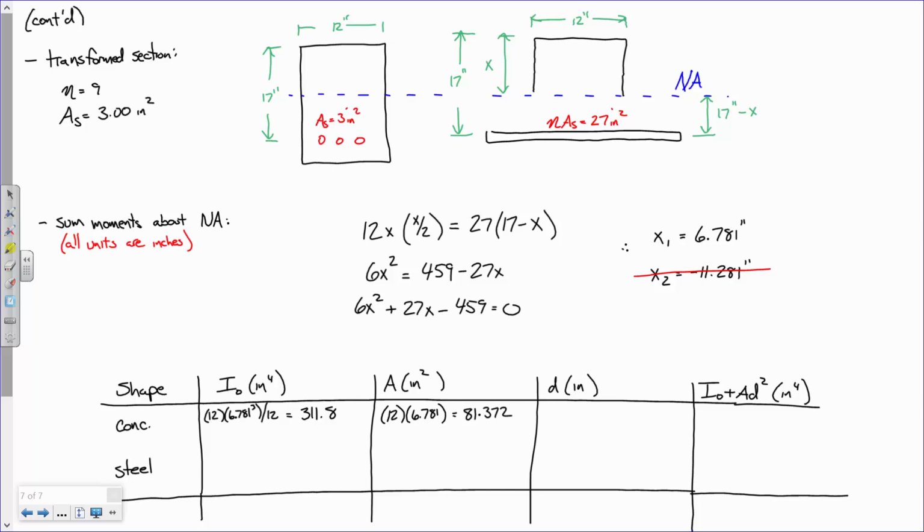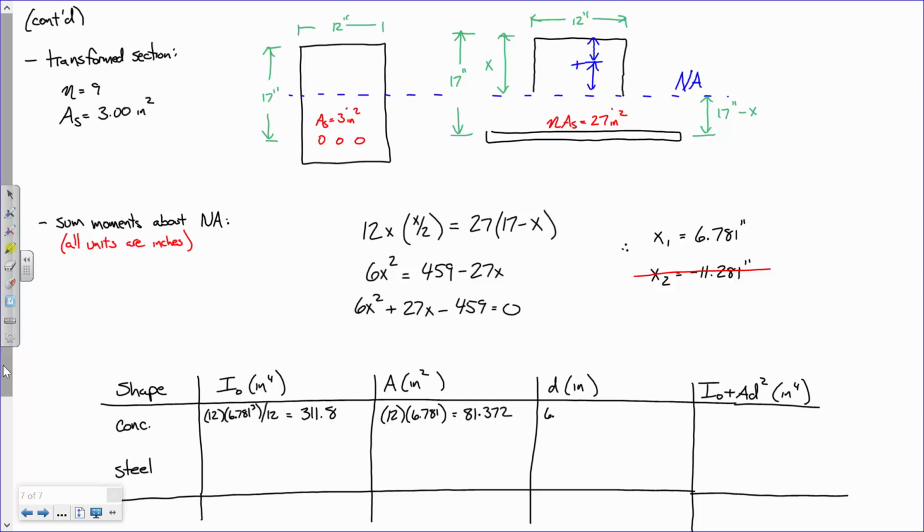Now, the D. Remind me what that is. If I remember correctly, that was the distance from the centroid of the whole thing to the centroid of each individual shape. So how far is it from the centroid of the whole shape to the centroid of that box? Where is the centroid of the box? No, this distance right here, that is x over 2. So how far is it from there to there? It's just x over 2.